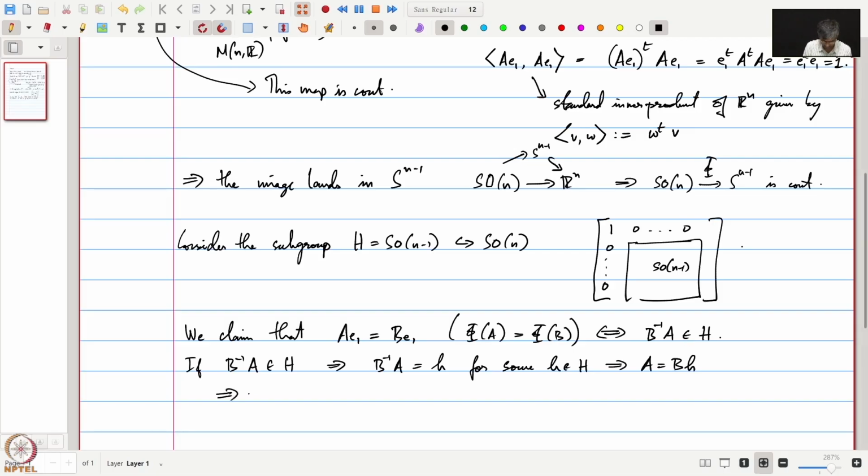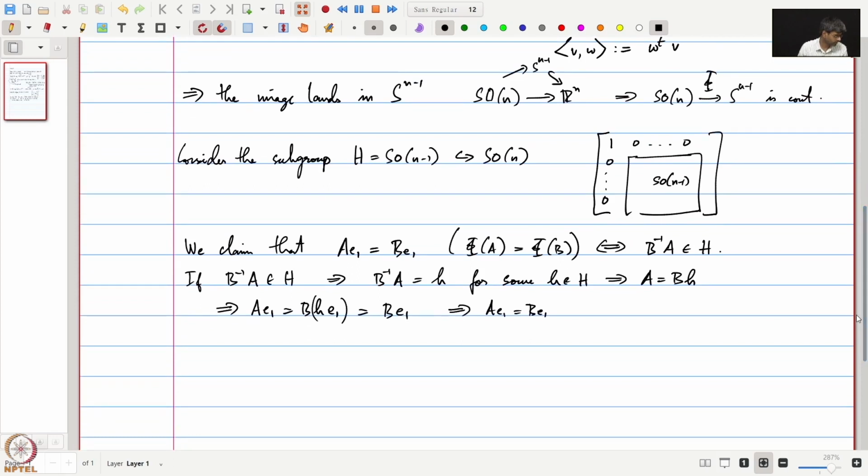So AE1 is equal to B times hE1. But note that hE1 is simply equal to E1, because when we apply a matrix of this type on E1, we get back E1. So AE1 is equal to BE1.